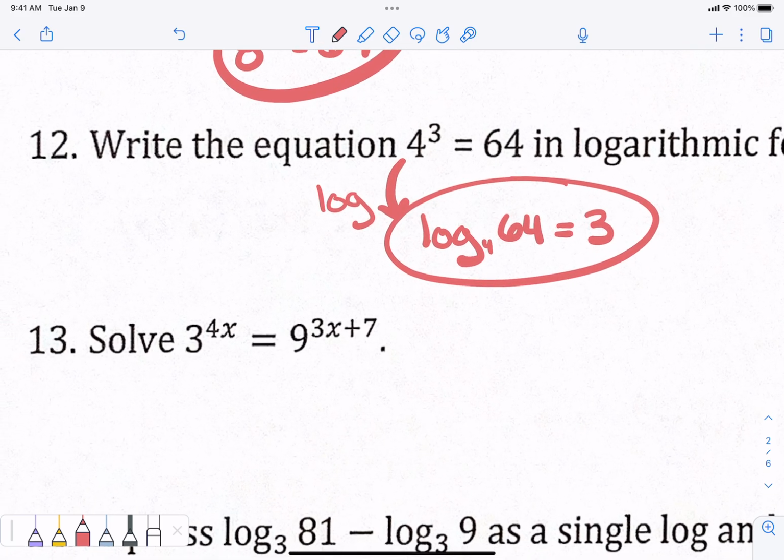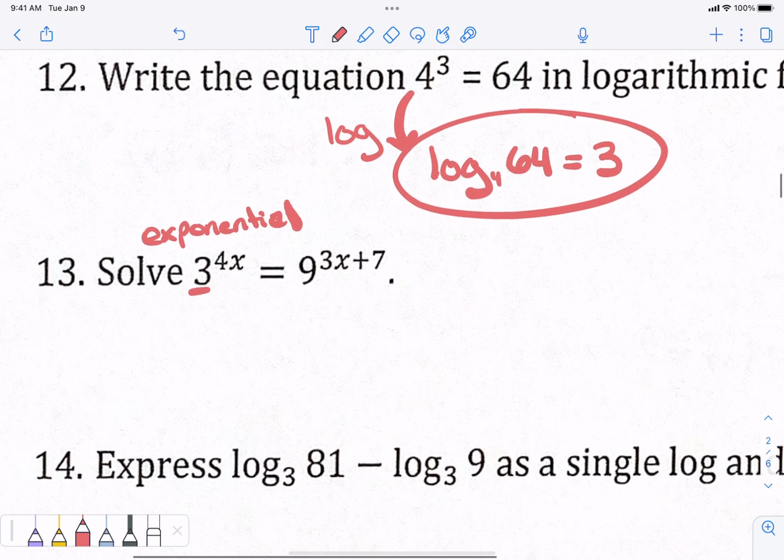Number 13. Solve this. Is this a log or an exponential function? Exponential. So what are the bases? 3 and 9. What can I do with this?